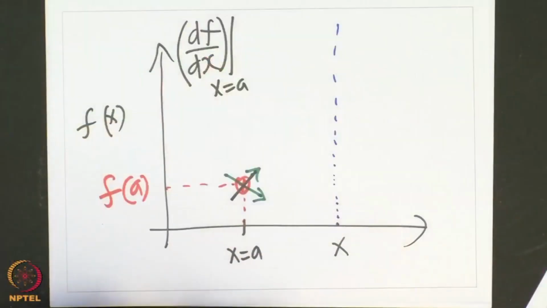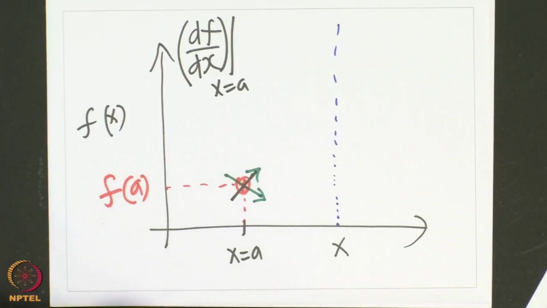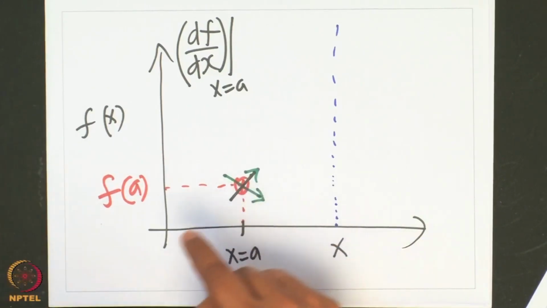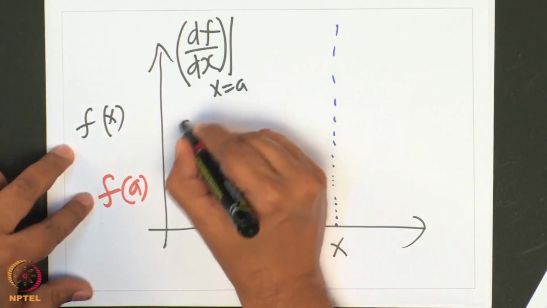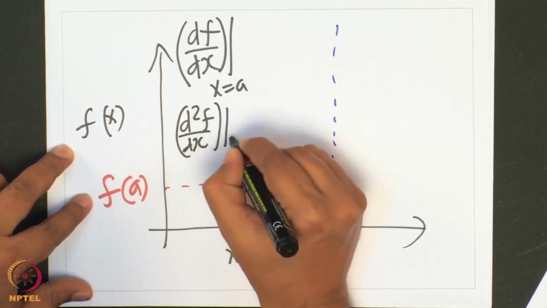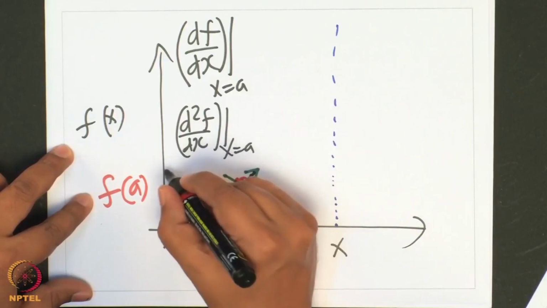It's not just the slope at this point. You have to know the slope, then the curvature, at x equal to a. If I know the third derivative here and all derivatives here, you know the curvature here, the slope here, and all derivatives.